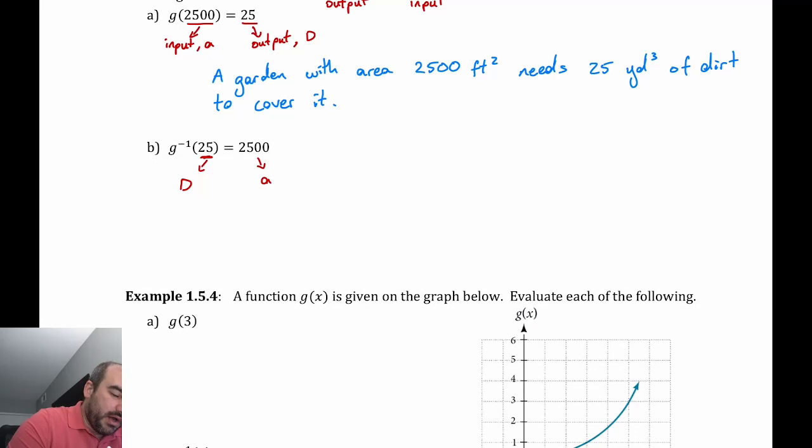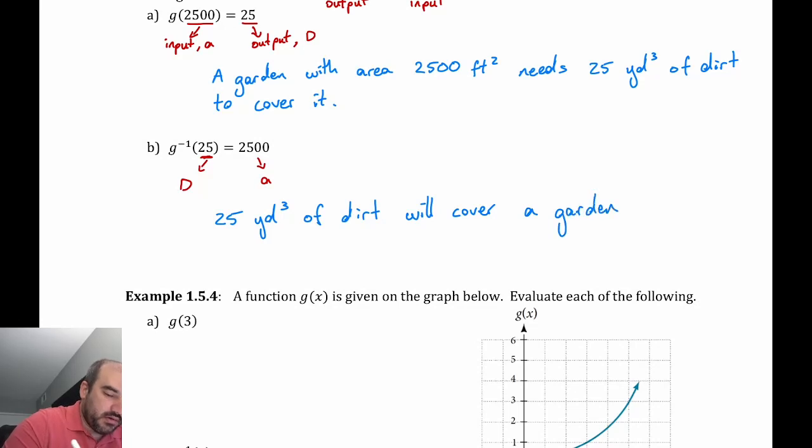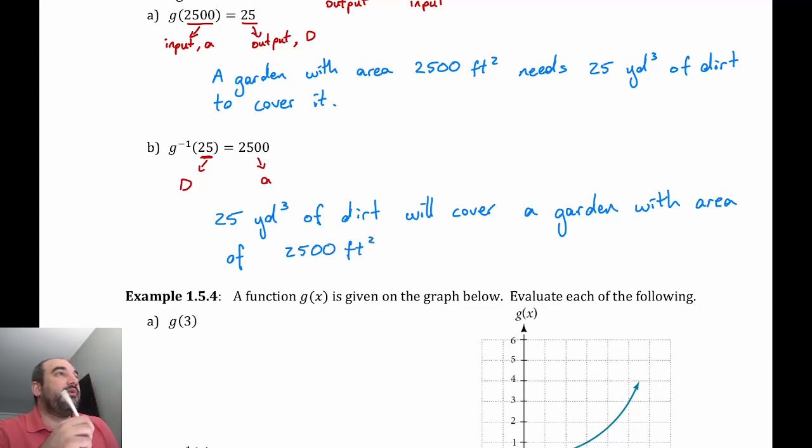So, 25 cubic yards of dirt will cover a garden with area of 2,500 square feet.